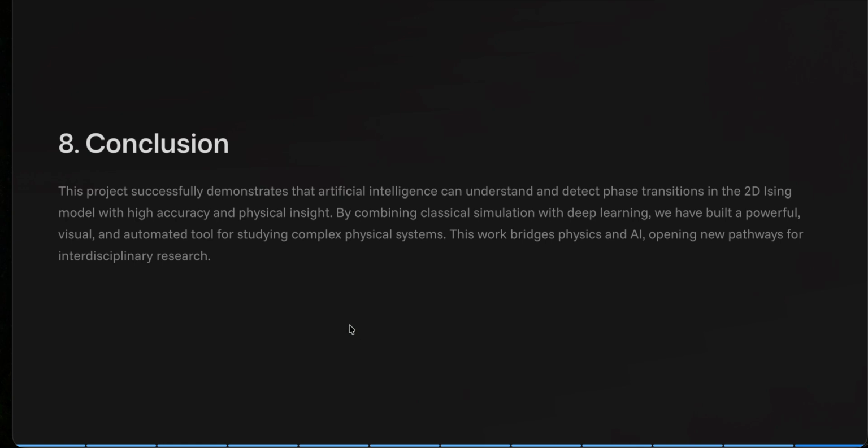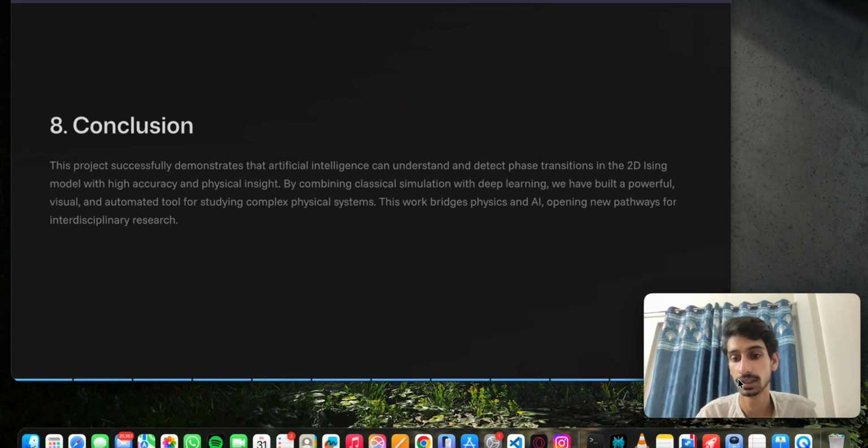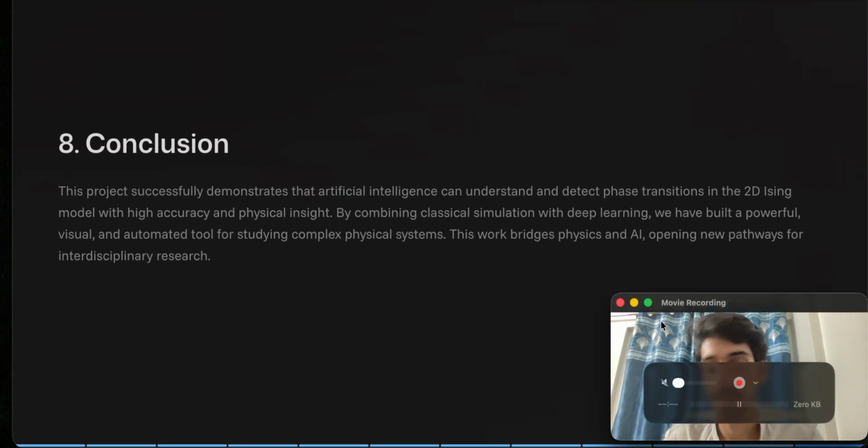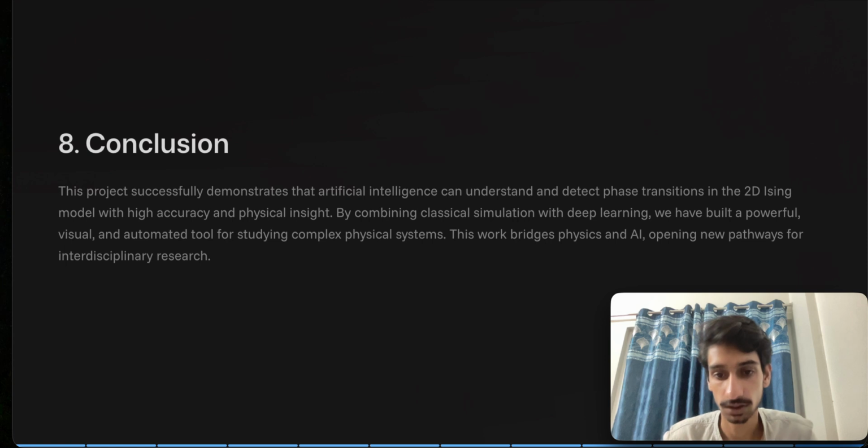And here we come to the conclusion. This project successfully demonstrated that artificial intelligence understands phase transition with 97.8% accuracy, and detects the critical temperature, which is 2.27, which matches exactly with the theoretical value, which is 2.269, with no physical rules taught to it, learning purely from the images.